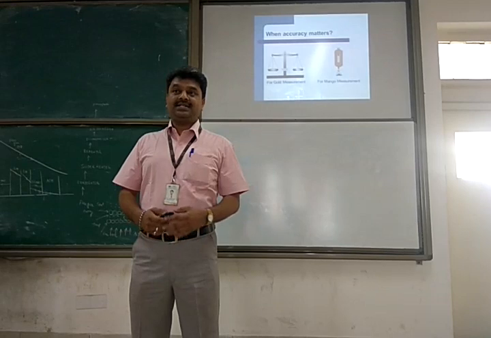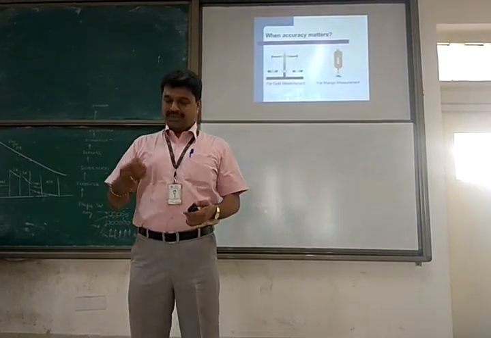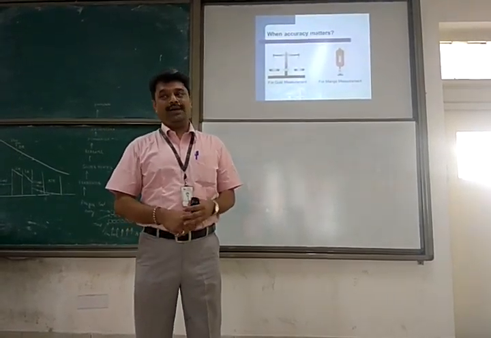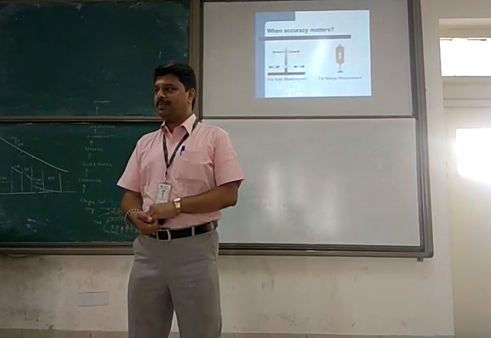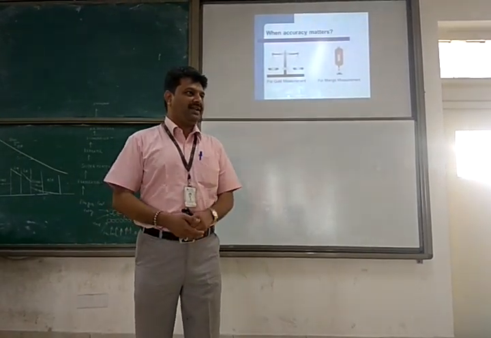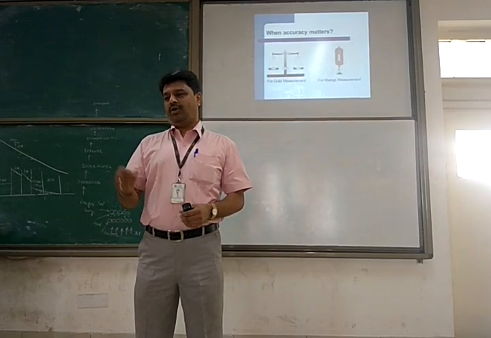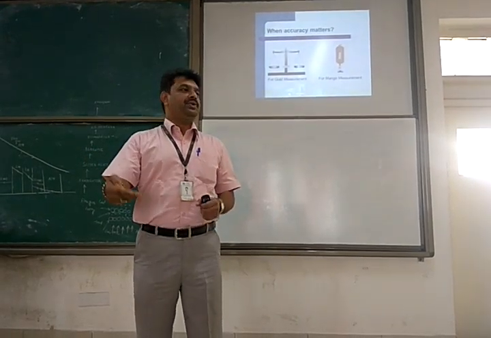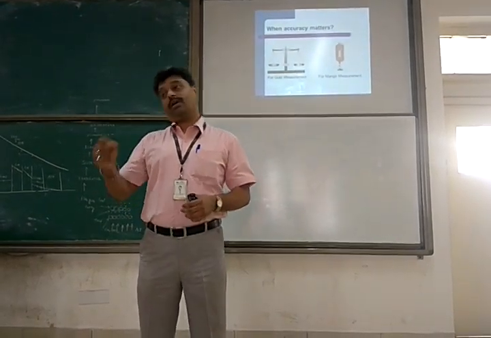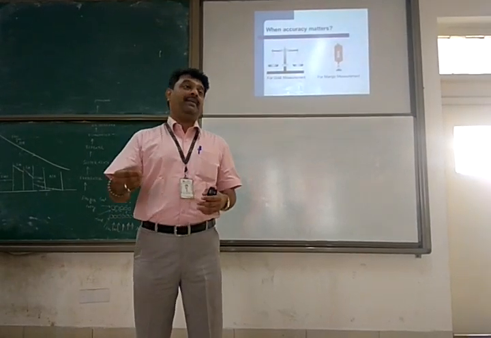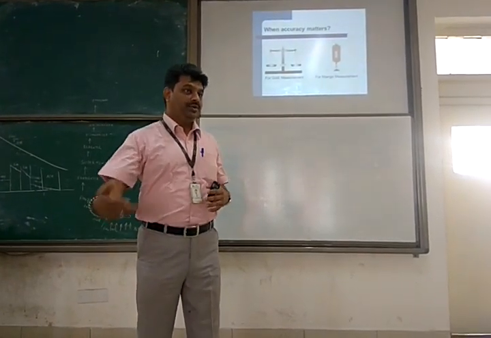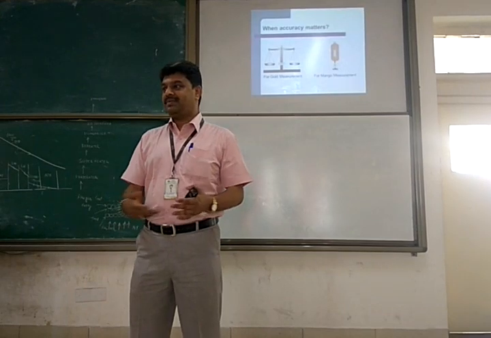Whereas, when we weigh and sell gold or maybe a still more precious, costly metal, then we will demand that my weighing balance should have the accuracy of 0.0001 gram, so that every milligram is 100 rupees. So I cannot afford to lose because of the measurement error.